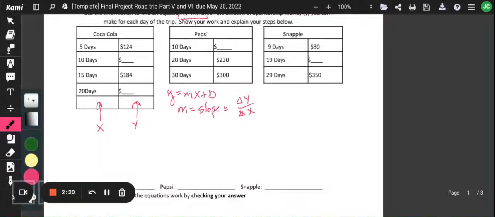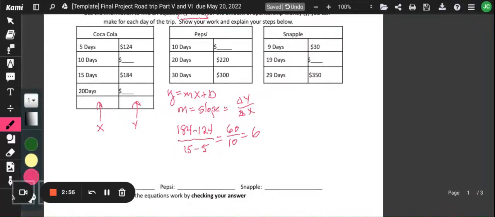So here I have 184 minus 124, and I'm going to divide that by, and here you want to use the x value that was used to find that y value. So 15 days minus 5. And that's going to give me 60 over 10. So I have a slope of 6.